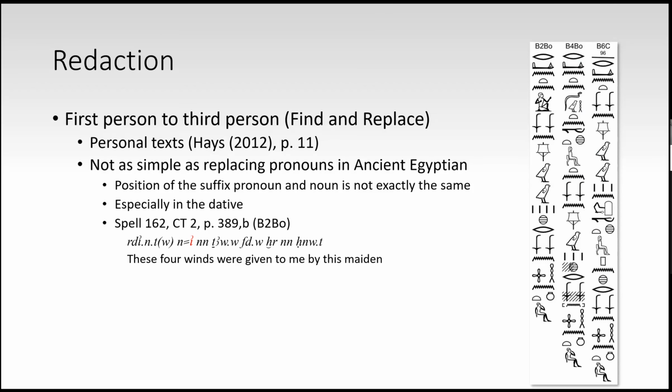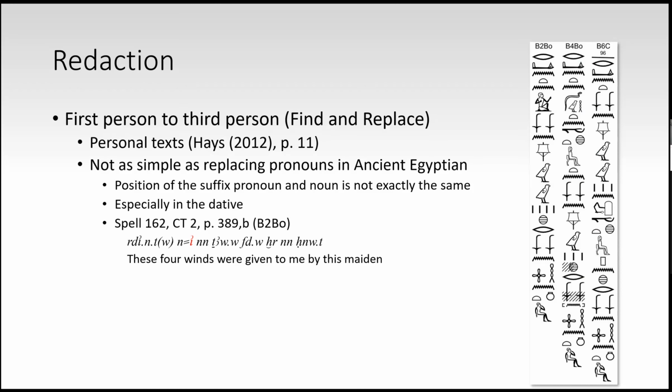Now, this is not a simple case of simply replacing the pronouns in the text, because the Egyptian structure works rather differently in regard to suffix pronouns and when dealing with nouns in general. So the position of certain sections should change. In which case, for example, in the case specifically here, that did not go perfectly as it should.